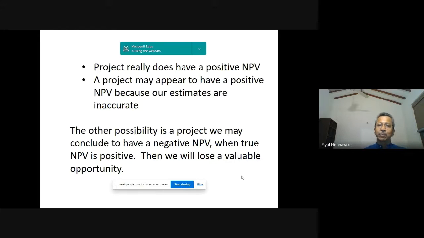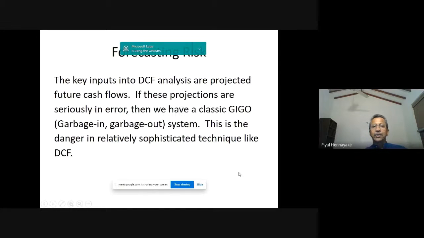Actually, NPV should be positive, but because our estimates are inaccurate, NPV will be negative. So forecasting risk is that our projections are not correct, and we will get wrong results.